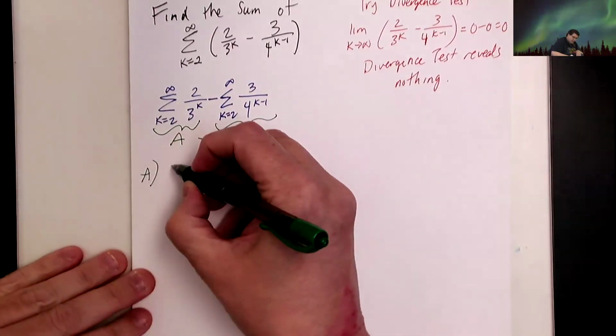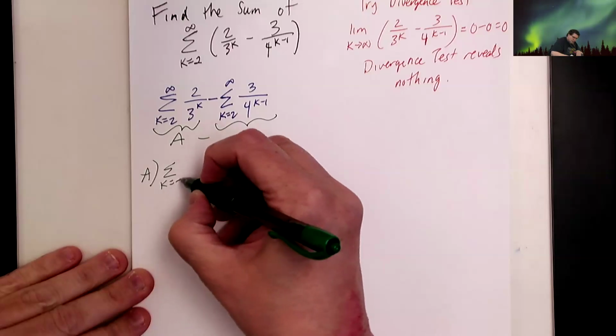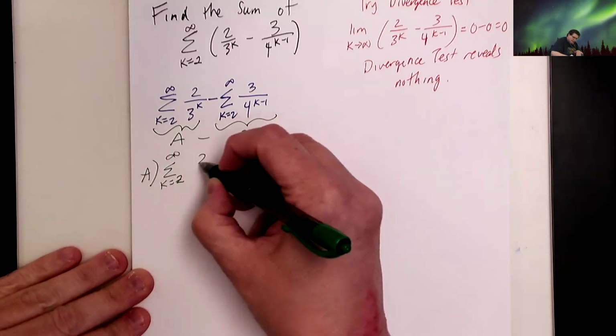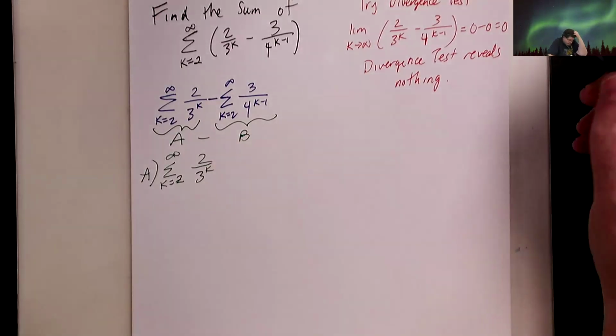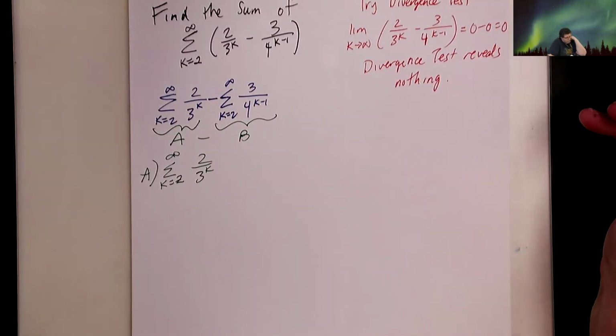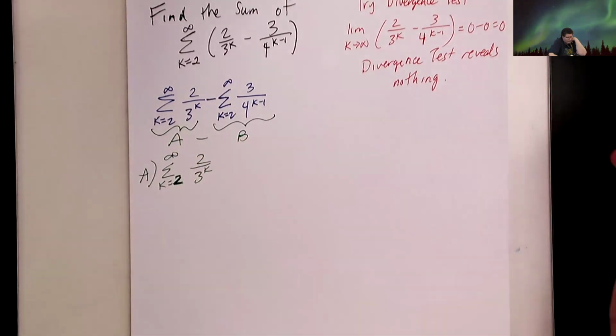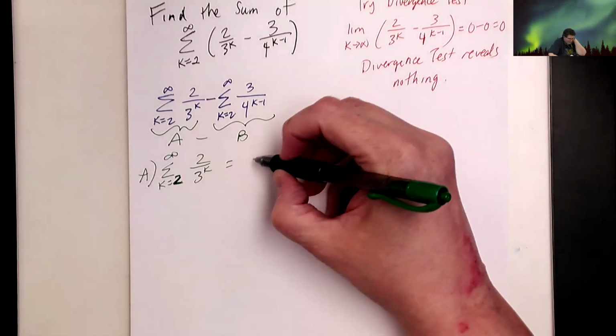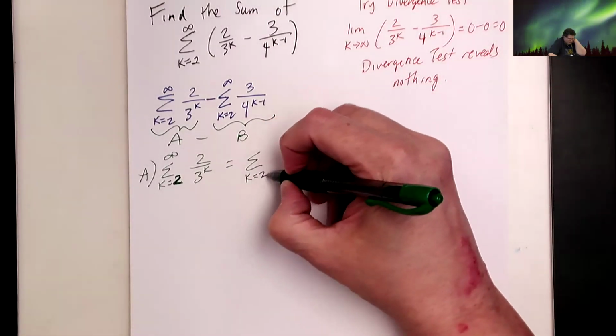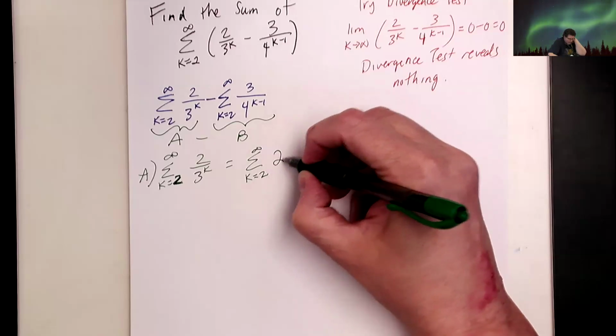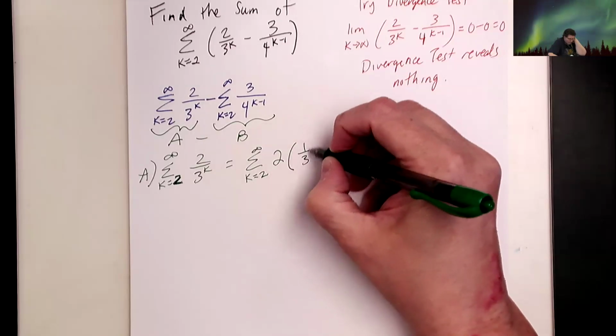So A, we're going to explore k equals 2 to infinity of 2/3 to the k. This is like k equals 2 to infinity of 2 times 1/3 to the k.